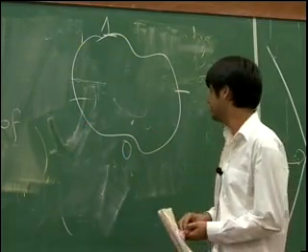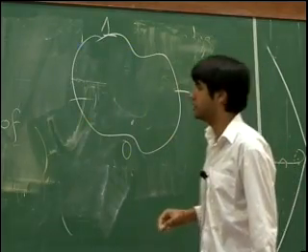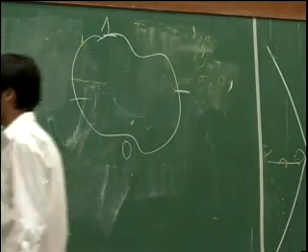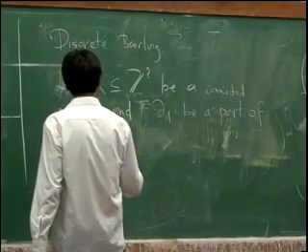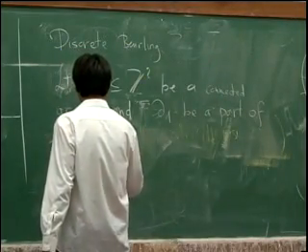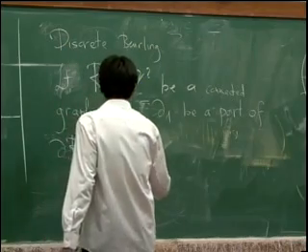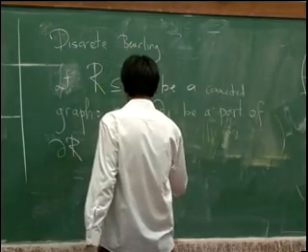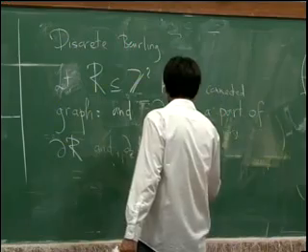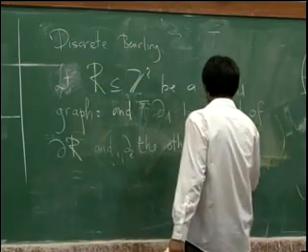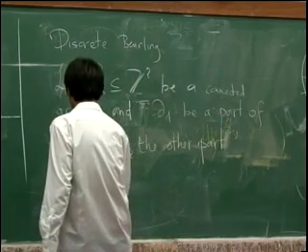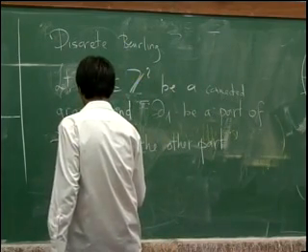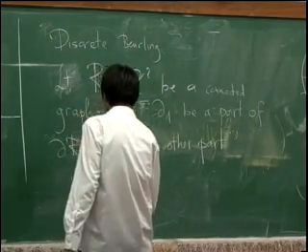So you have a function g, the solution to the Dirichlet problem.